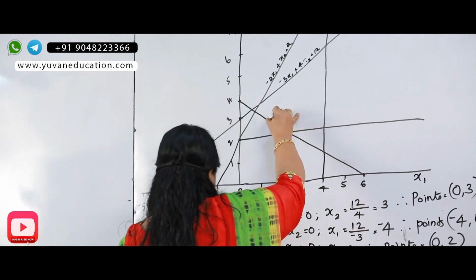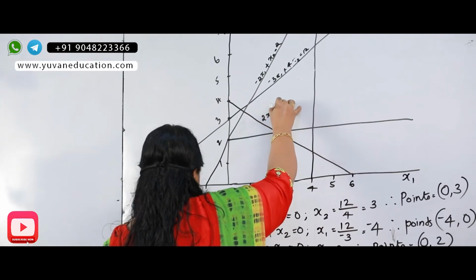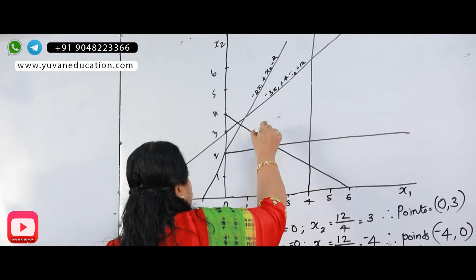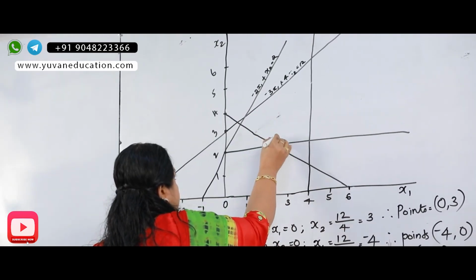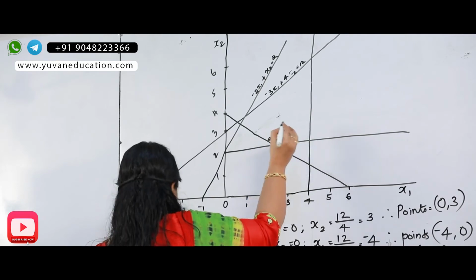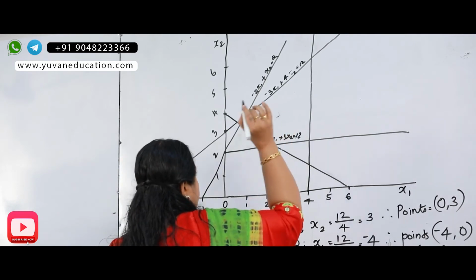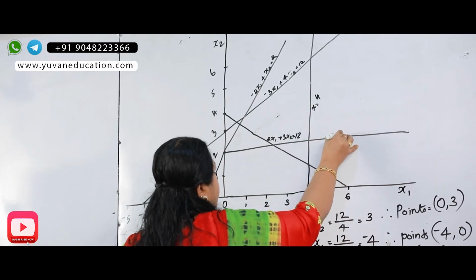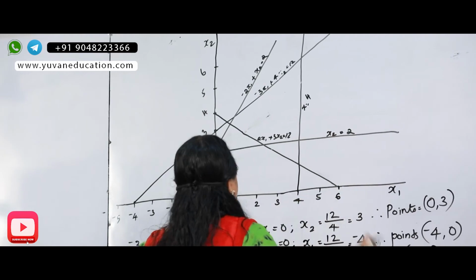Here it is 2x1 plus 3x2 is equal to 12, and x1 4 and x2 2.